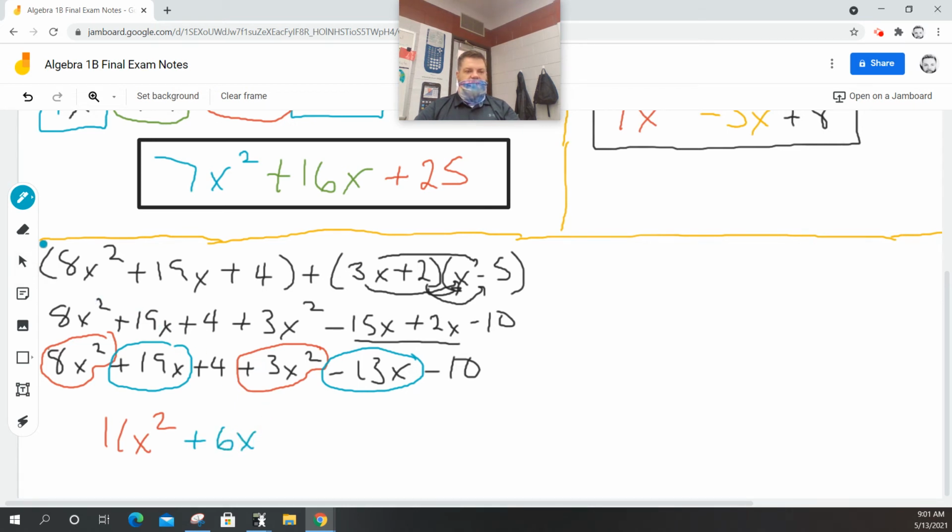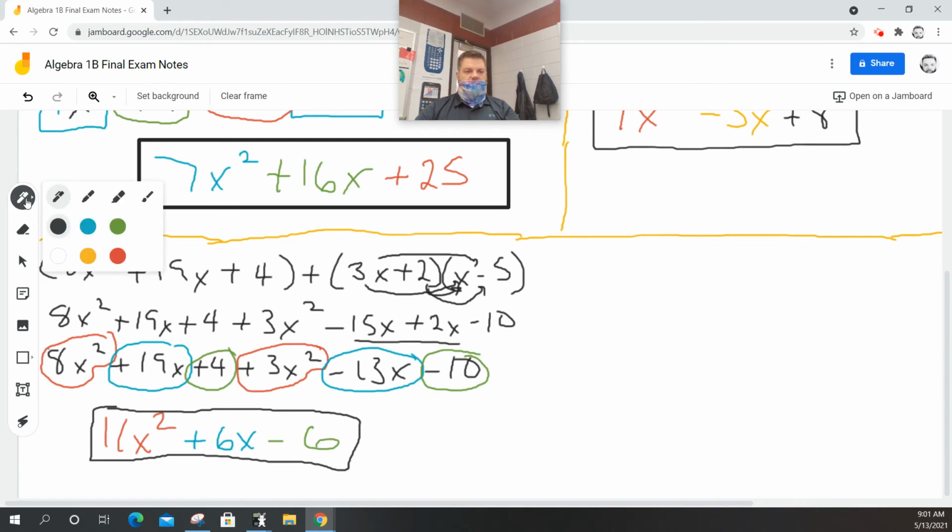And then positive 4 minus 10, that's just a negative 6. Bam with the bacon sizzle.